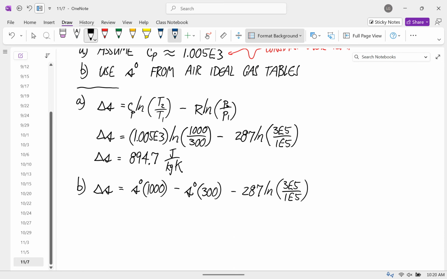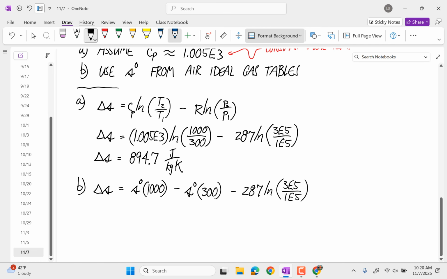And you can look up these values, and hope that those are values that are just given in the table. Otherwise, you'd have to do interpolation to use this.